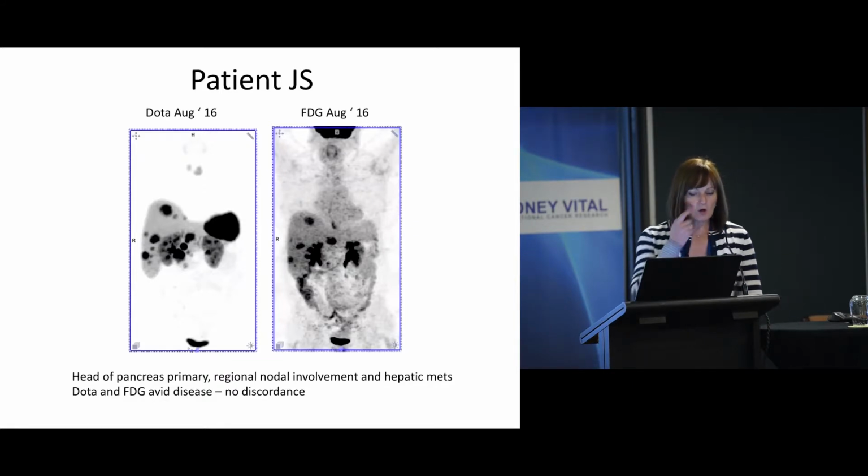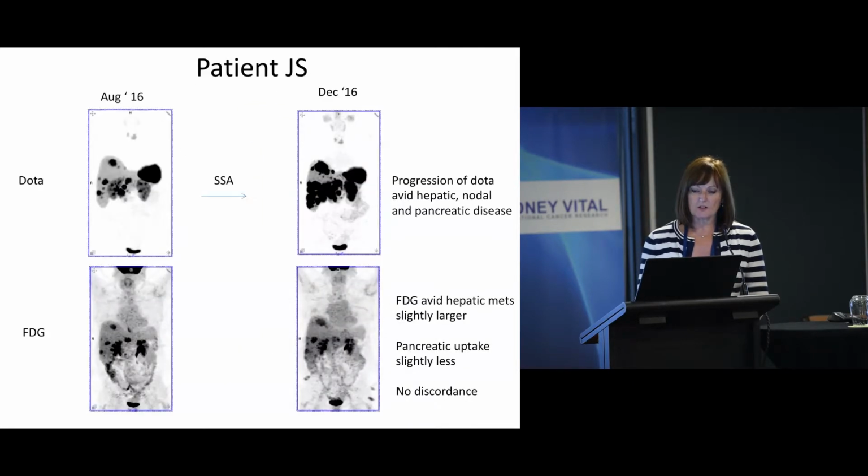She was trialled on SSA to start with and checked quite quickly to see how she was going, and it was clear that she had very rapidly progressive disease. This is quite a different scenario to the previous patients. Progression of the pancreatic disease and the liver disease was evident particularly on DOTA, but also FDG, and there was no discordance. So she went on to have lutate therapy.